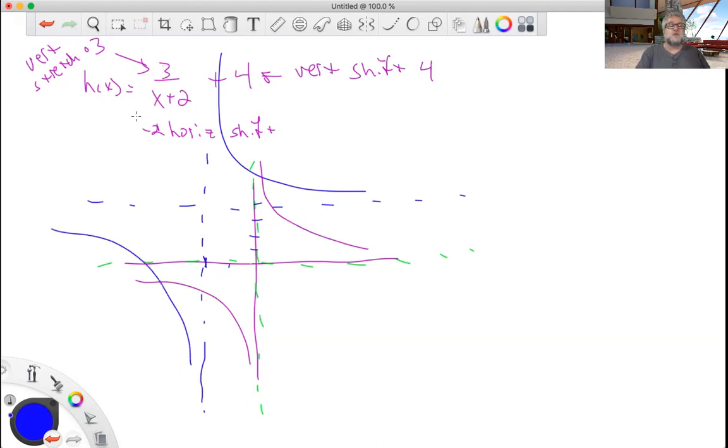And again, it's stretched by 3, but again, it's really hard to show that stretch because functions kind of look the same when they're stretched. So I can tell from this, by the structure of it, what the transformations are to the original function, which was 1 over x. This is basically a 1 over x function with a bunch of transformations on it.